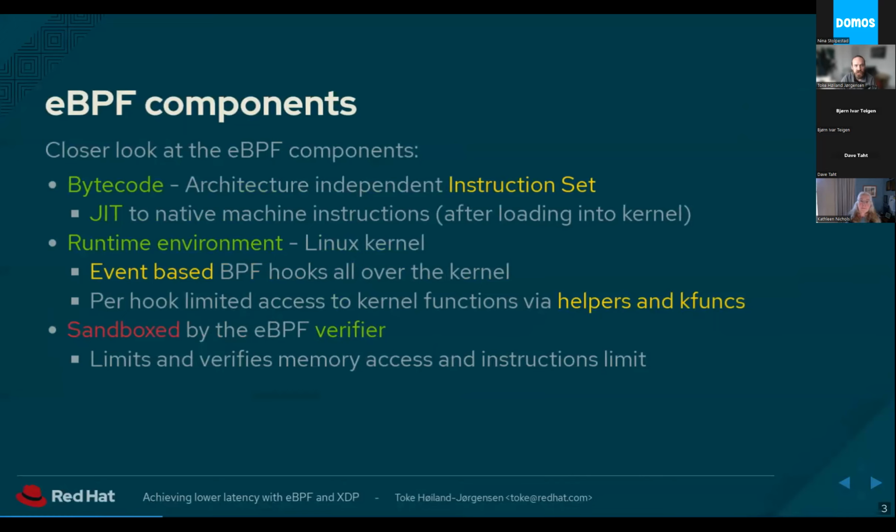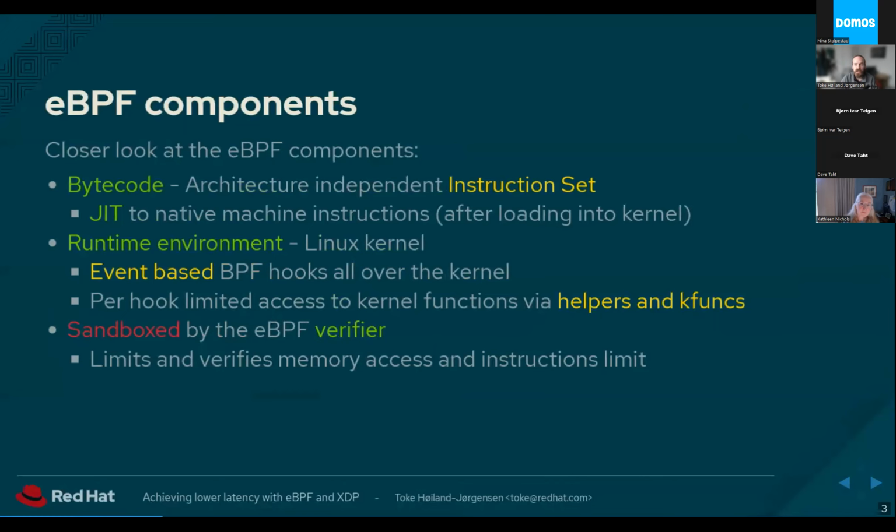And then the Linux kernel provides a runtime environment where you can attach this code to event-based hooks all over the kernel. And you can have access to some kernel functionality via helpers and what we call kfuncs. So we whitelist some functions you can call into the kernel. And then we sandbox the execution environment by doing, in essence, static analysis on the bytecode.